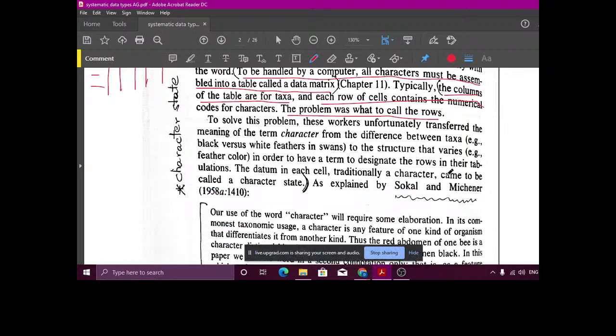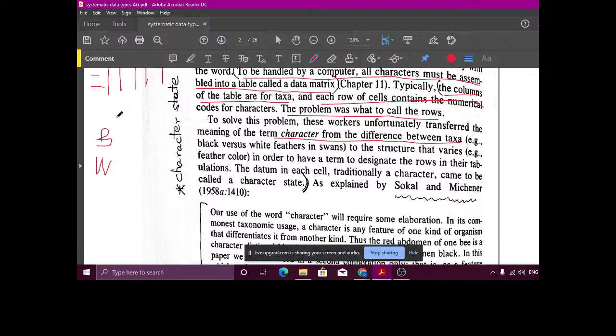So to solve these problems, they transferred the term character from the difference between taxa. For example, if we used black feather versus white feather, where would you keep black feather, where would you keep white feather, and where would you give the species name?